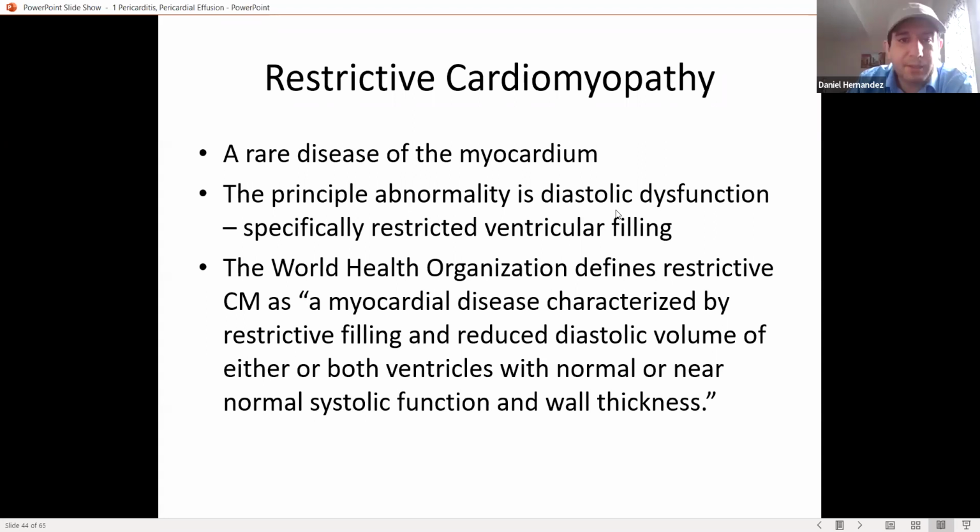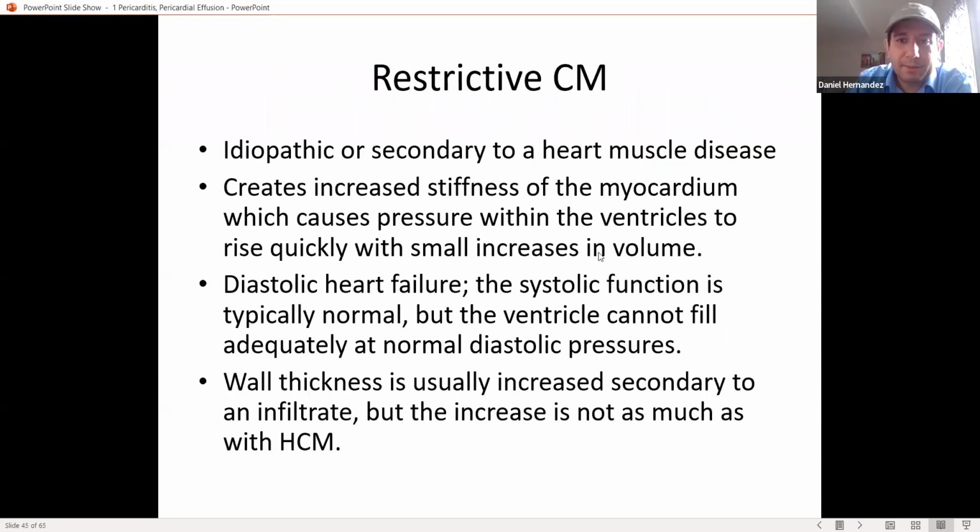So these next few slides, we kind of really went over already with restrictive cardiomyopathy. Again, we know it's idiopathic or secondary to heart muscle disease, creates a stiffness in the myocardium, which causes pressures in the ventricles to rise quickly with small increases in volume.